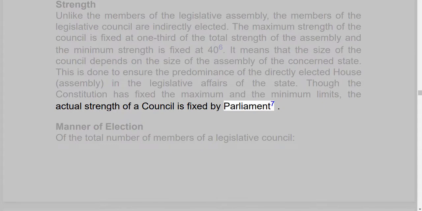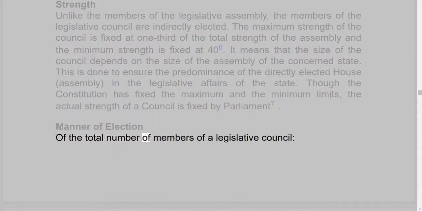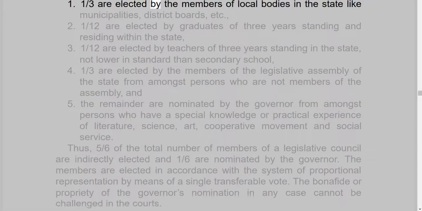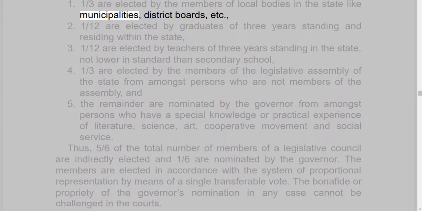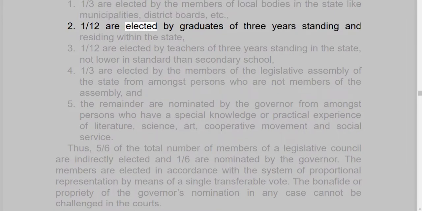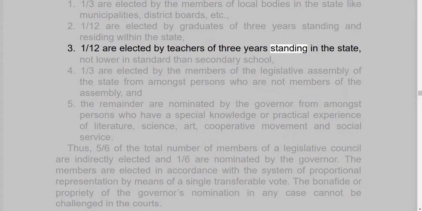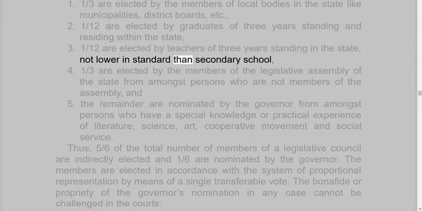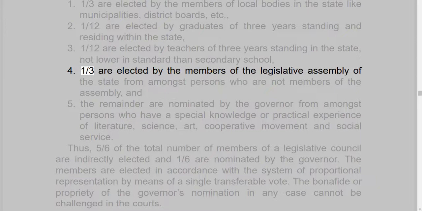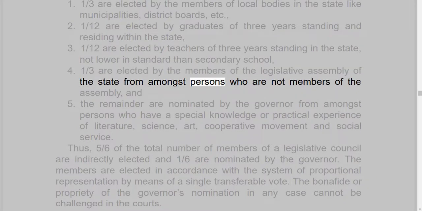Manner of election. Of the total number of members of a legislative council: 1. 1/3 are elected by the members of local bodies in the state like municipalities, district boards, etc. 2. 1/12 are elected by graduates of 3 years standing and residing within the state. 3. 1/12 are elected by teachers of 3 years standing in the state, not lower in standard than secondary school. 4. 1/3 are elected by the members of the Legislative Assembly of the state from amongst persons who are not members of the Assembly, and 5.